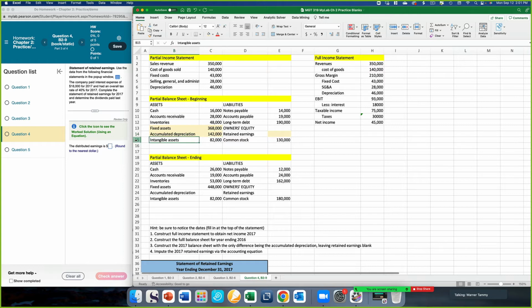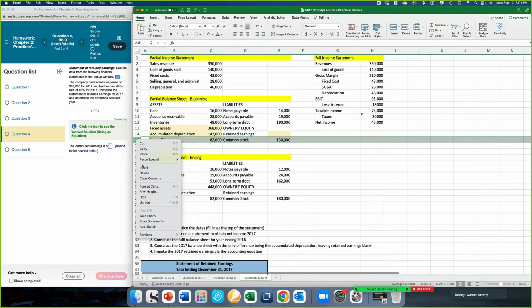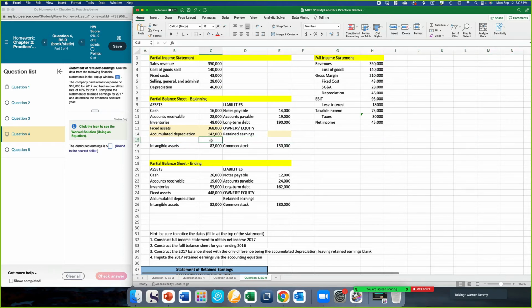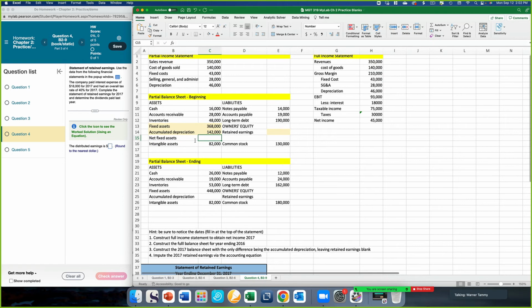Right, so let's add a line here and make it so it's not filled. Okay, so that's the first thing. We've got to calculate net fixed assets as fixed assets minus accumulated depreciation.